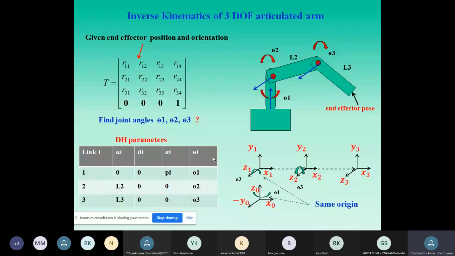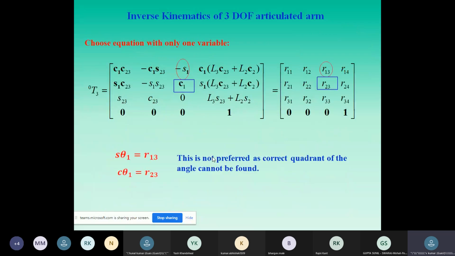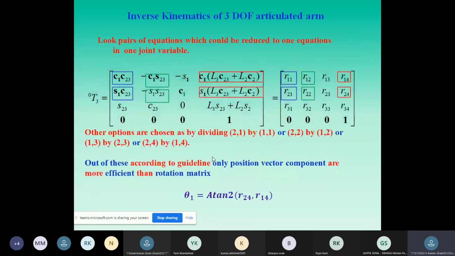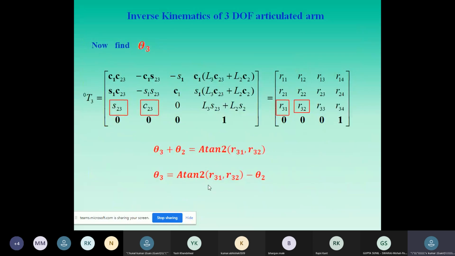Then we find the DH parameters, then we apply the transformation matrix for each individual link, then we find the overall transformation matrix, the end effector frame with respect to the base. Then we apply the rules I have described in the guidelines, then we find theta 1, theta 2 and theta 3. In this way, the inverse kinematics of any manipulator can be found.